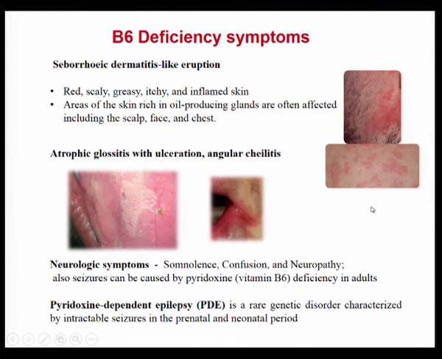So here you have symptoms of seborrheic dermatitis, and here you find again this is a tongue with inflammation. So it's all connected with inflammatory conditions, especially the area of mucosal tissue in the oral cavity. So apart from this, people also report neurologic symptoms connected with pyridoxine deficiency. So as I told you in the beginning, somnolence.